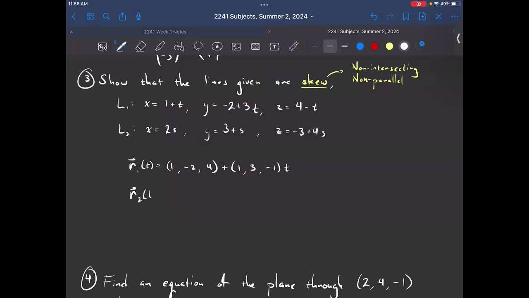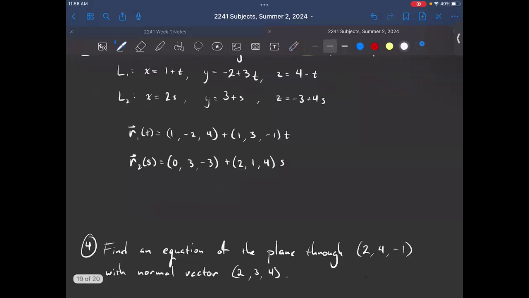Do the same thing for R2. I have 0, 3, minus 3, plus 2, 1, 4, s. Now I have two vector equations, and the vector paired with t and the one paired with s give me my direction. All I have to do is check that these are not parallel. How do I check if things are parallel?